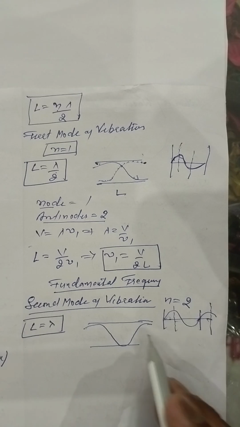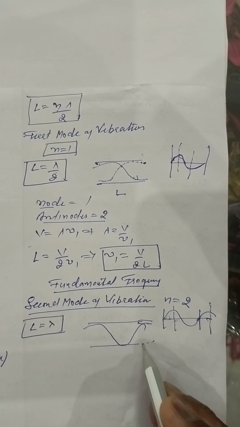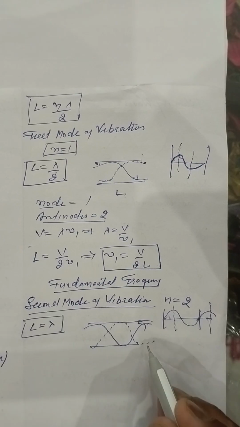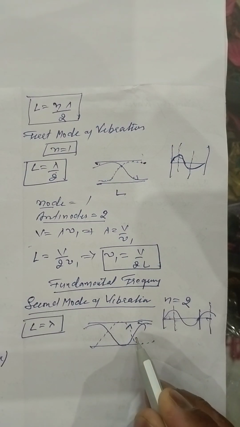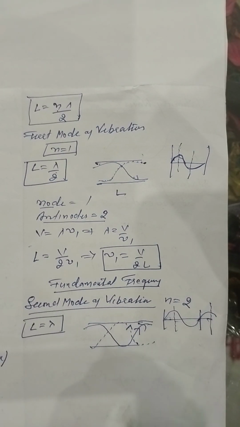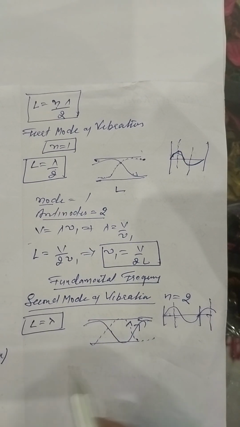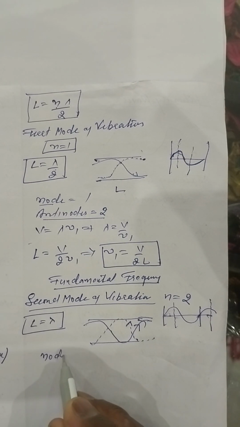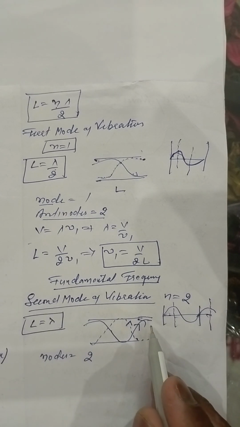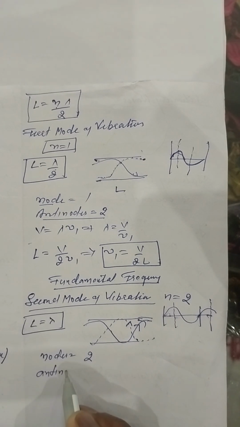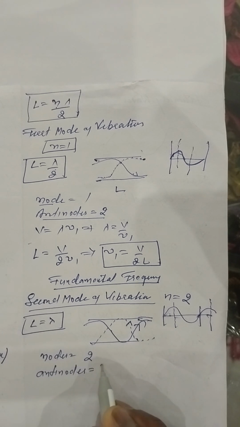So this is incident, and after reflection from the free end you will find this like this. So this is the reflected wave and this is the incident wave. So you will find here the number of nodes is equal to 2, and antinodes are 3.